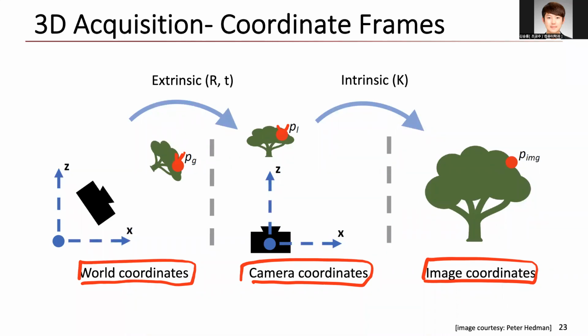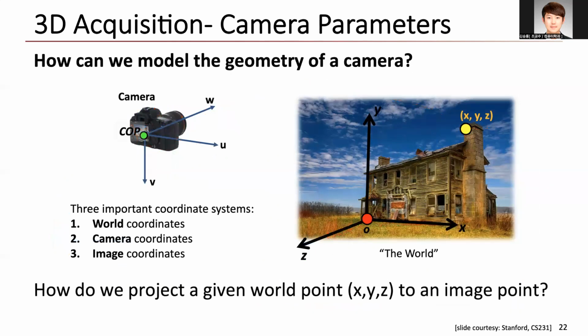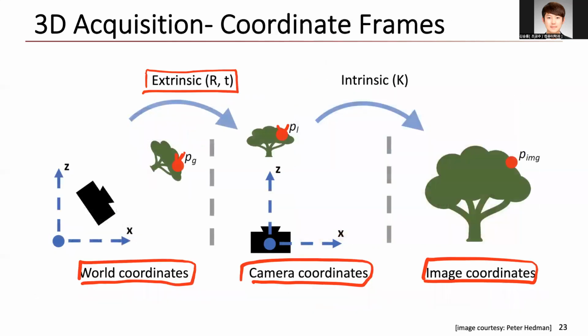So in this case, we have to consider the extrinsic camera pose, the extrinsic parameters R and T, which explain the relationship between the world coordinate and the camera coordinate. Even though the world coordinate is fixed, the camera is moving, so this relationship will change.